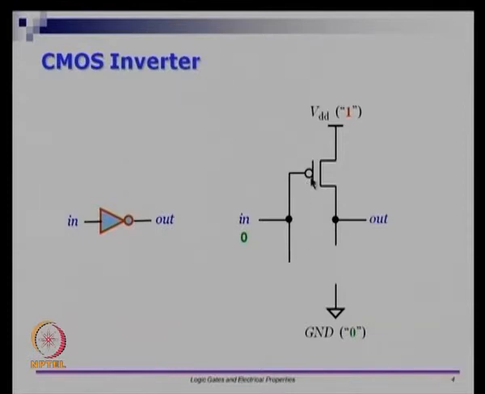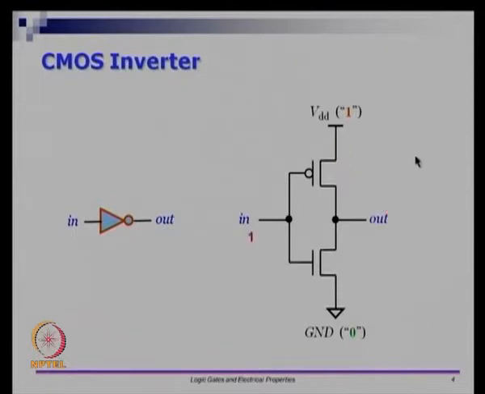The PMOS device is turned on, and as I already mentioned, it is a good conductor of 1. So, you would expect the VDD that is placed here, equal to 1, to conduct. Because of this being a conducting device, the output or the drain gets charged to 1. So, when the input is 0, the output is 1.